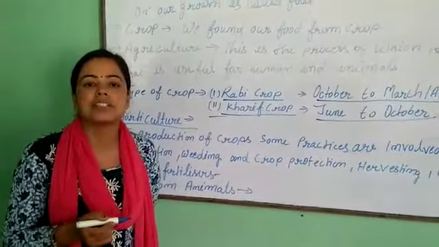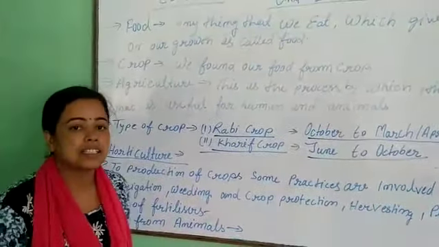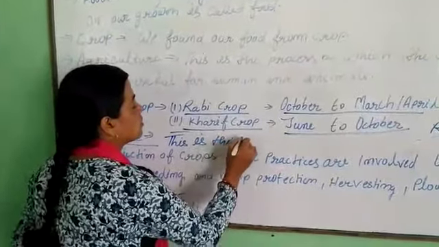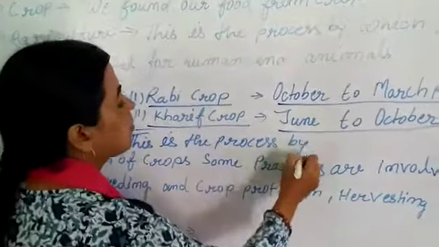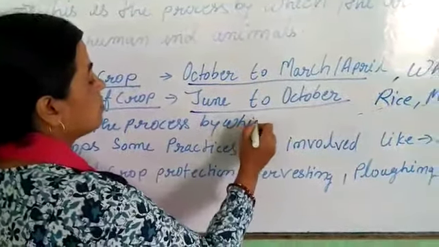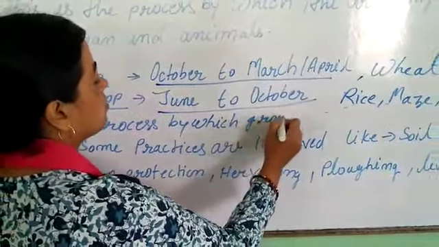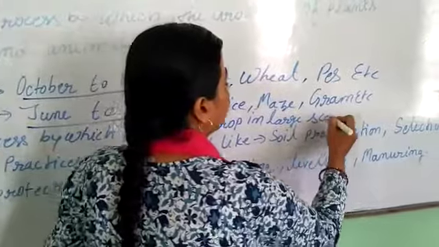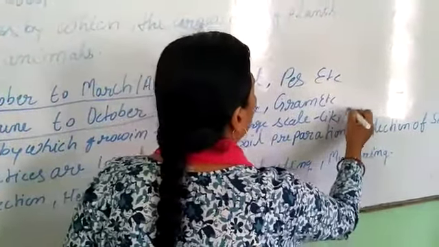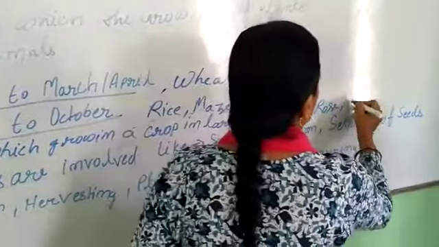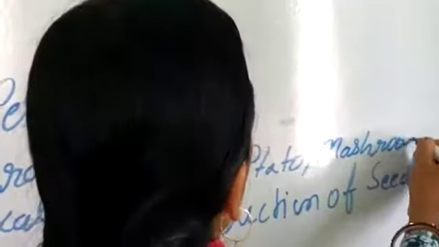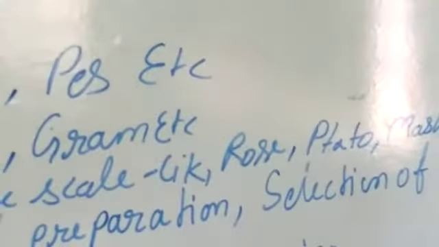Horticulture is the process of growing plants on a large scale, like rose, potato, mushroom, etc. This is horticulture.